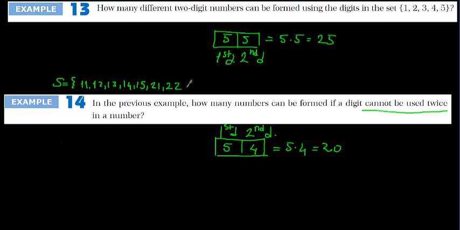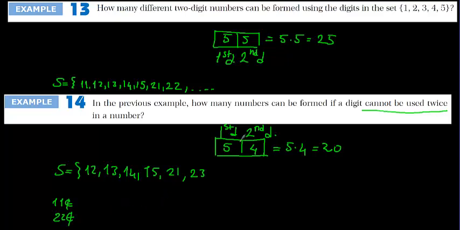But in the second set here, we have 12, 13, 14, and 15, then 21, then 22 we don't have, and 23 is going to be 11, and 11 is not an element in this set, or 22 is not an element in this set, because it says that a digit cannot be used twice.